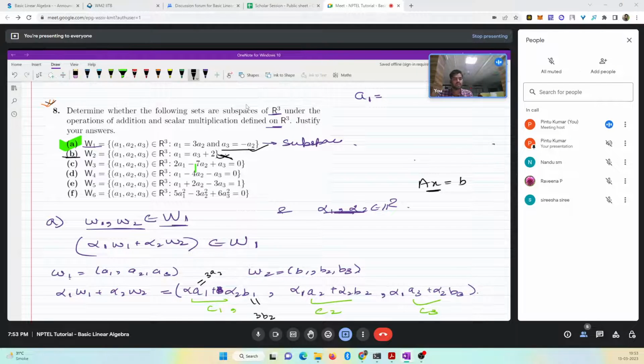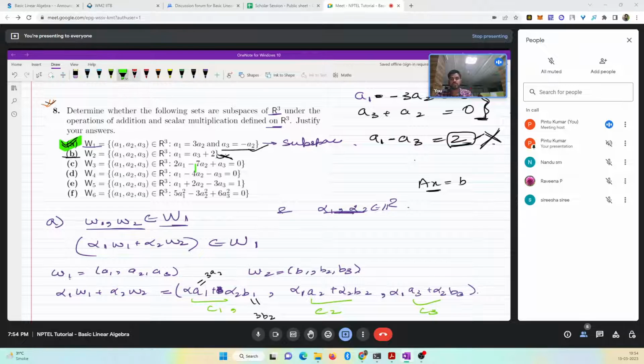So this is a1 minus 3a2 equal to 0, and this one is a3 plus a2 equal to 0. So your right hand side is 0 in this case. So this was your subspace, right? This is probably the trick being used. In the second case, if you take all the variables on the left hand side, you have some constant left on the right hand side. That's why this didn't come out to be a subspace.